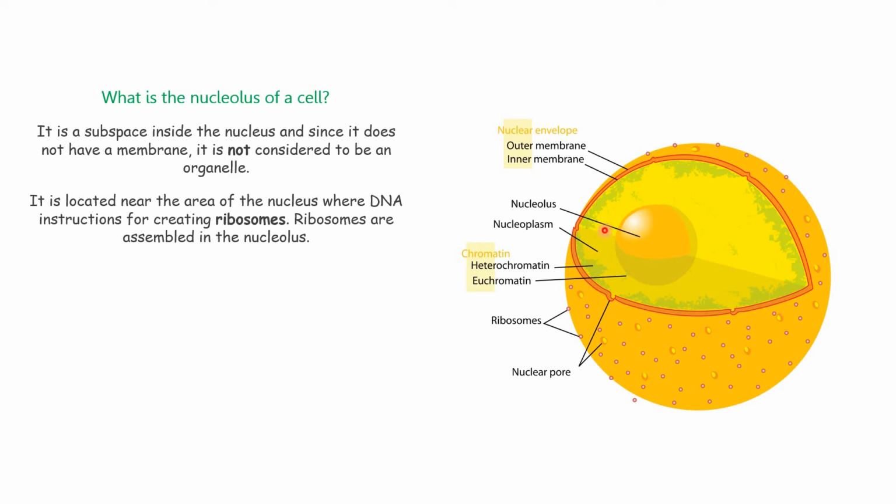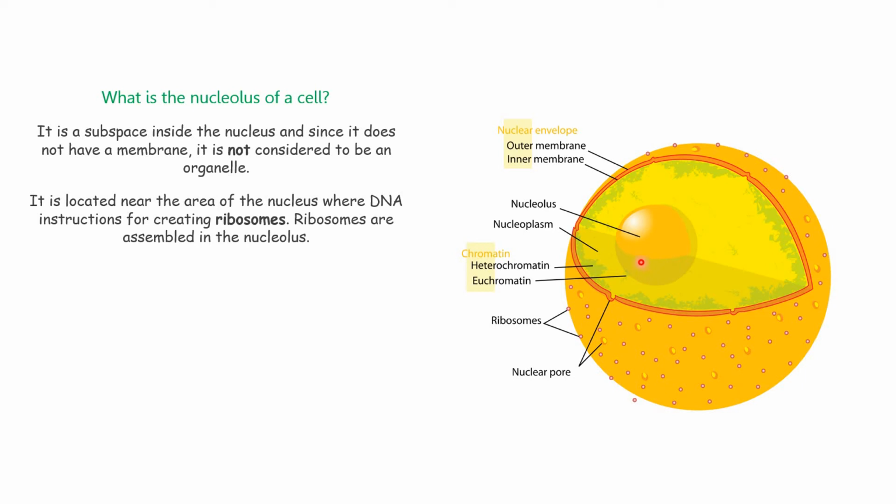This entire nucleus is full of chromatin. The inside of a nucleus has chromatin. But there are certain parts here where the chromatin that contains the instructions for the creation of ribosomes is found, or highly concentrated. This part, therefore, is called the nucleolus.